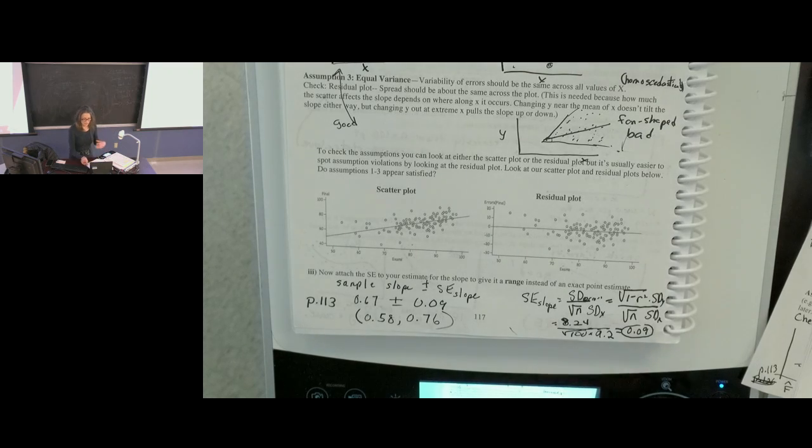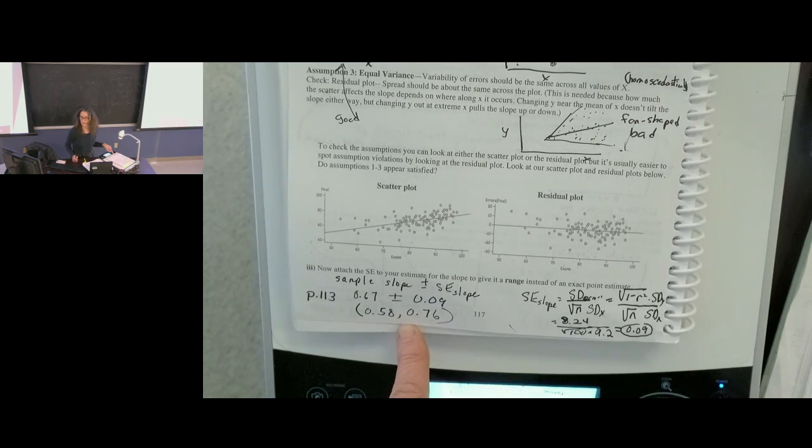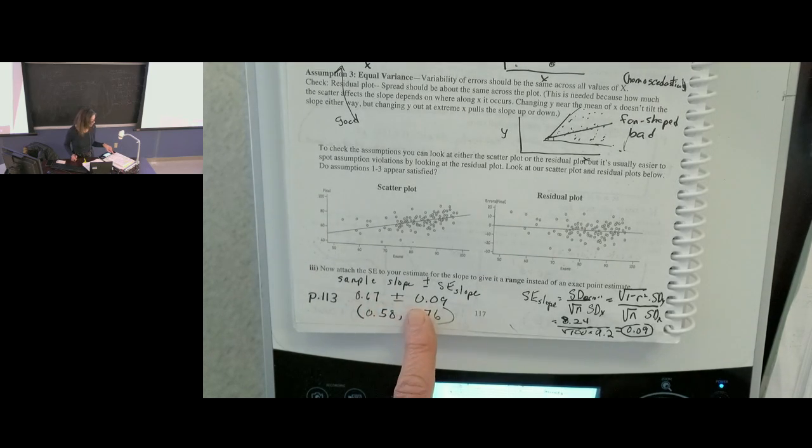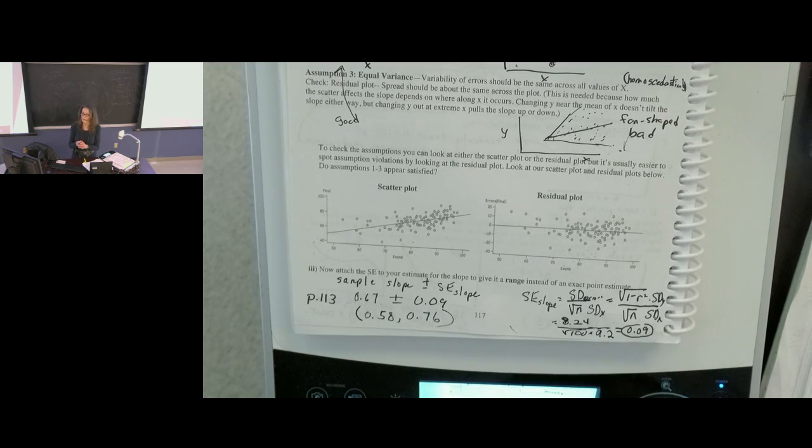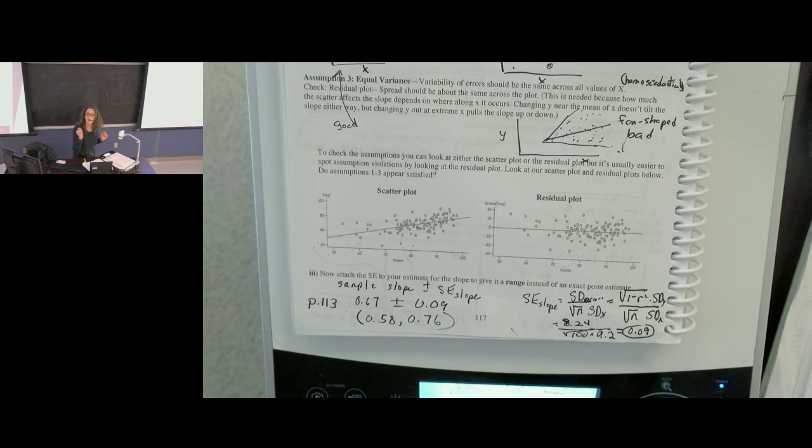So, as you might expect, we are going to use that to build confidence intervals. If you just look at this, we're just doing one standard error. That's going to be, what do you think, a 68% confidence interval for our population slope, right? And if we added 2 of those, it's going to be a 95% confidence interval, et cetera.